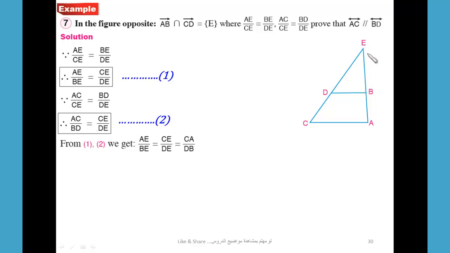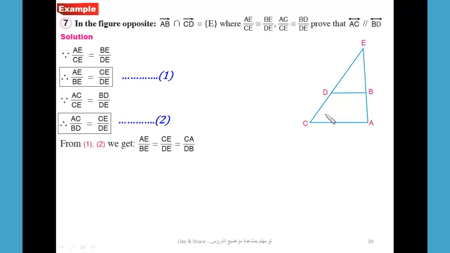Another side in triangle EBD equals CE over DE. CE is the second side in triangle ACE, and DE is the second side in triangle EBD, equals CA, the third side, like a base, over DB.